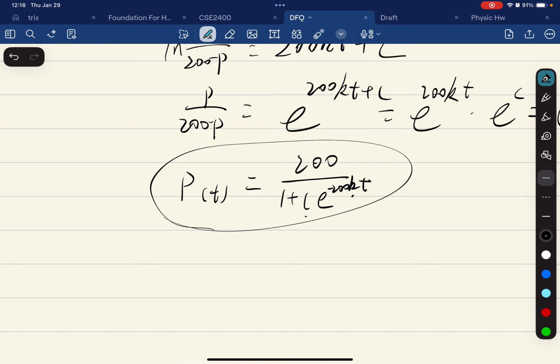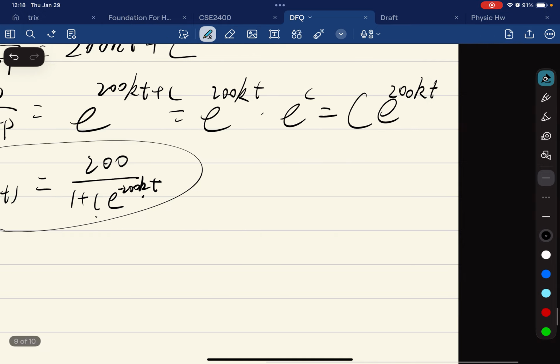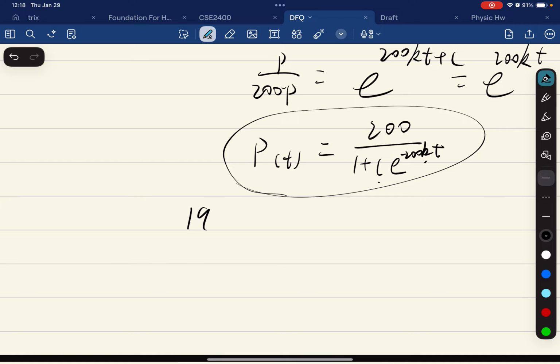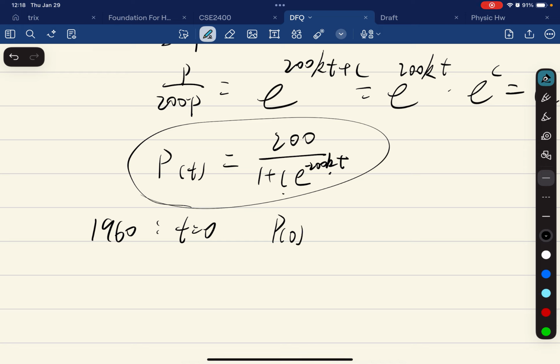According to the problem, it is given that at 1960, I will set t equal to 0, the population is 100 million, and the growth rate is equal to 1.